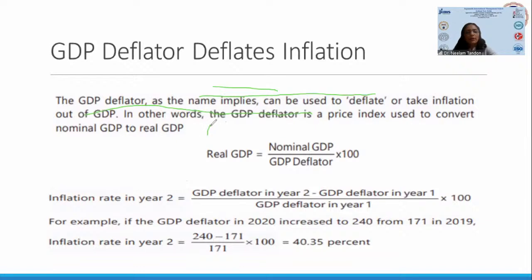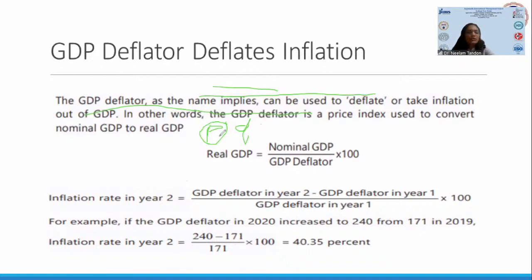If I talk about price, price is one component. The second component is quantity, or output. Now, if I freeze this price, what is going to happen? How am I freezing this price? By taking the price of 11 and 12. But the output I'm taking is of the current year.